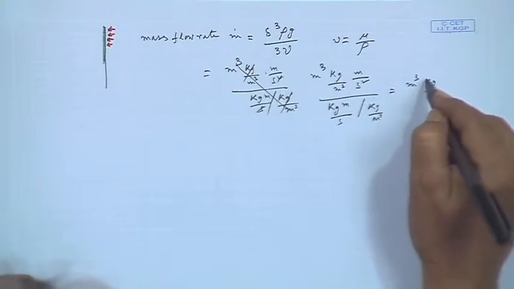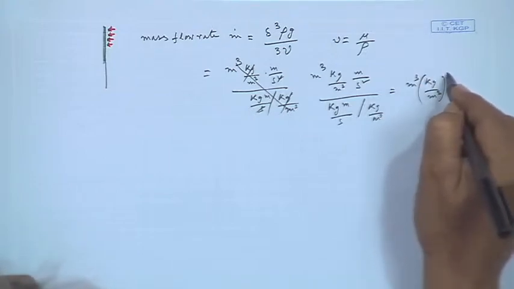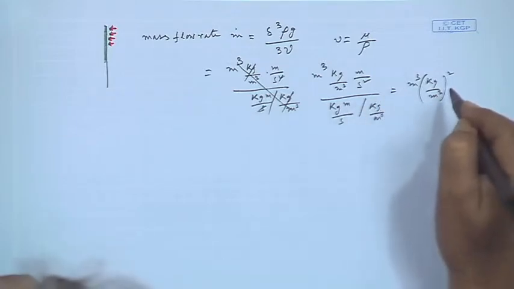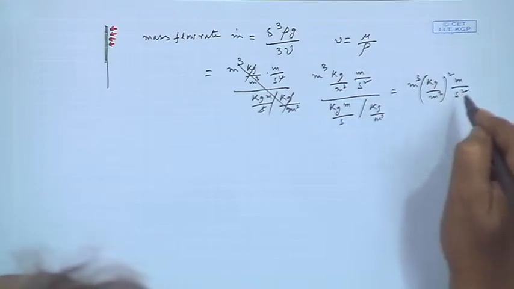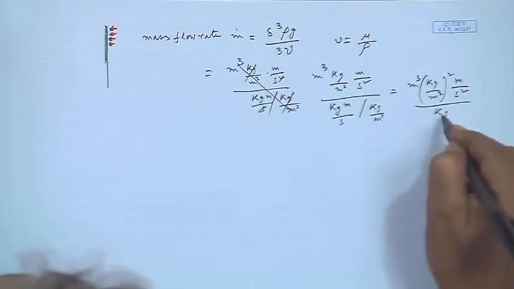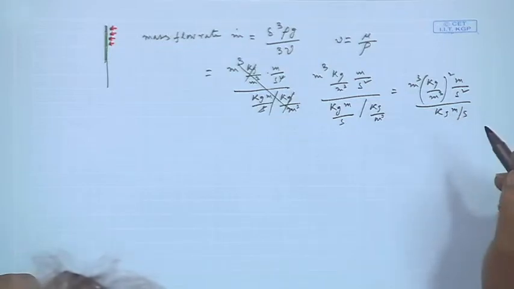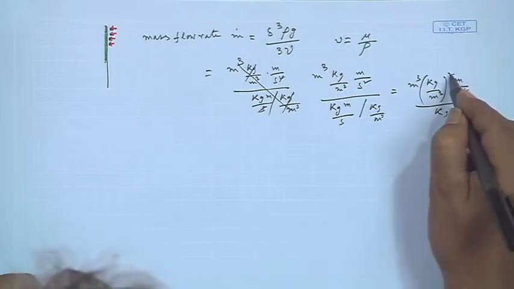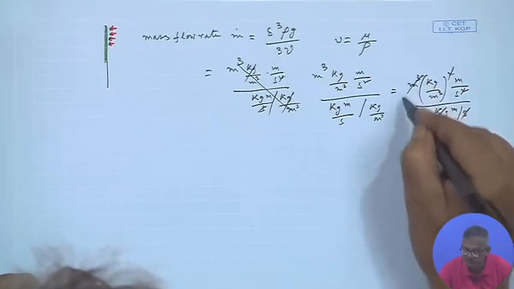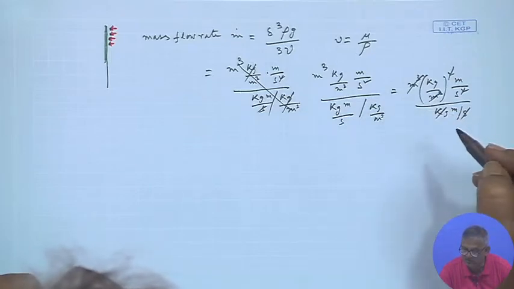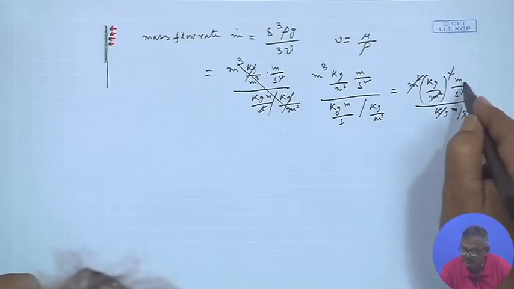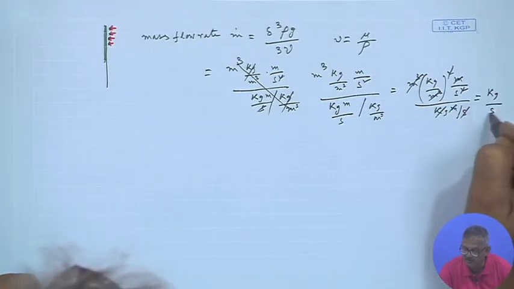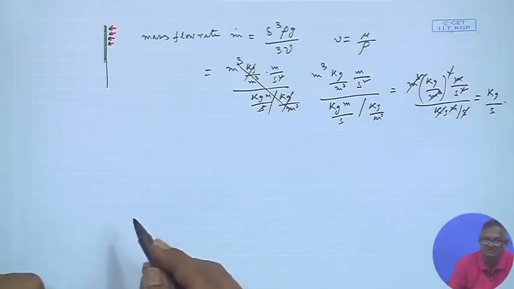So kg per meter cube square, and this is meter per second square, and this is kg meter per second. So one second goes out, kg square goes out, meter cube goes out, and meter and meter go out. So it is kg per second, that is the flow rate.